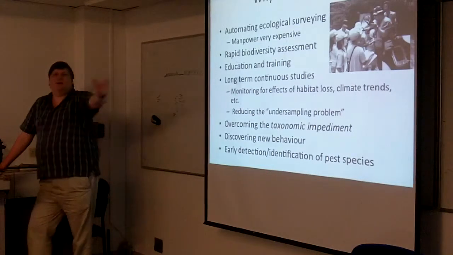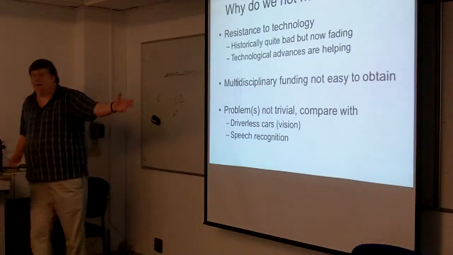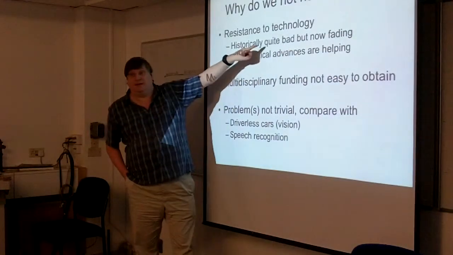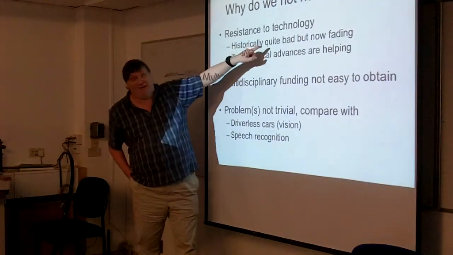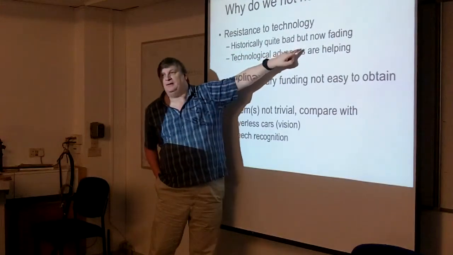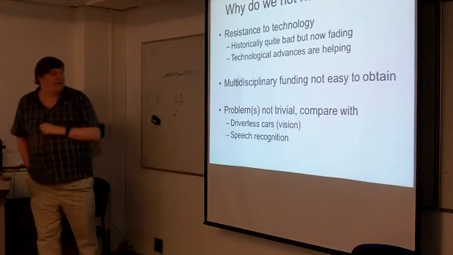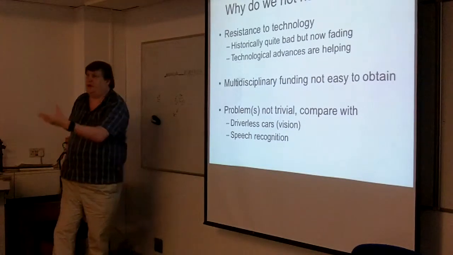But why is it we haven't got this already? Well, there's been a huge resistance. The taxonomists in the old days, as in less than 10 years ago, thought they were going to be replaced by technology. So they were worried about their jobs. Even though we kept telling them, no, these are tools, these are to aid you, they're to help you.